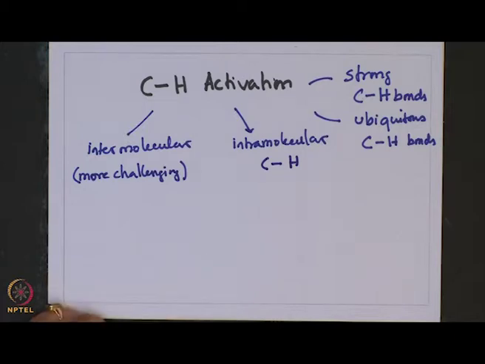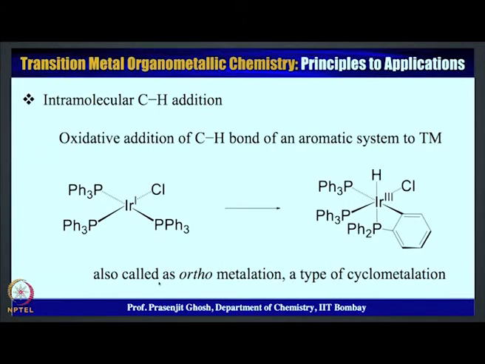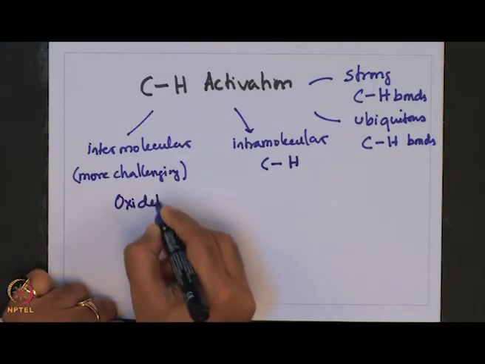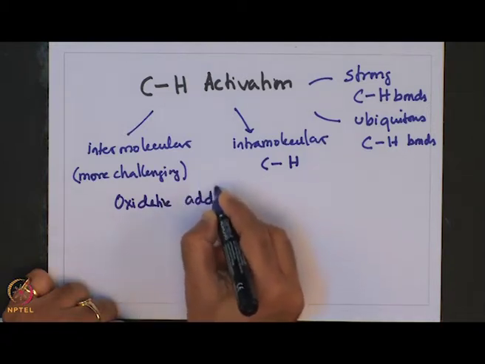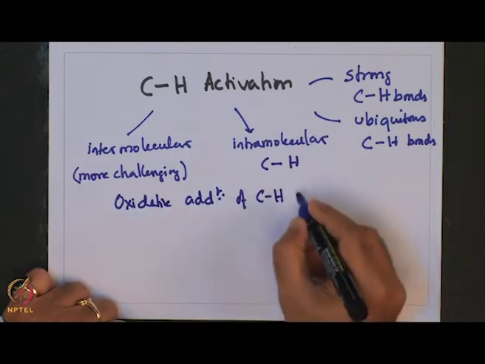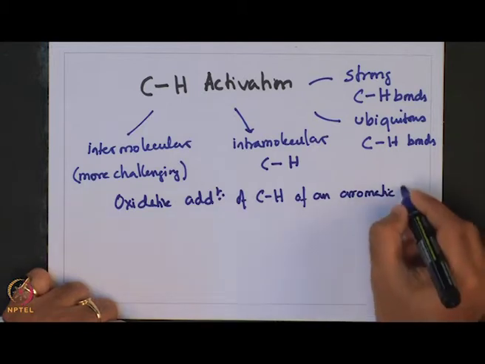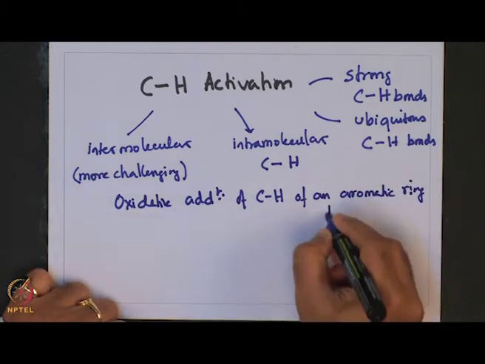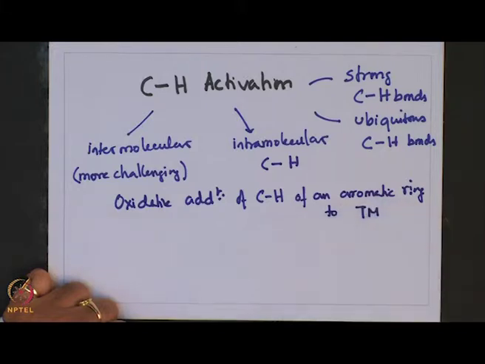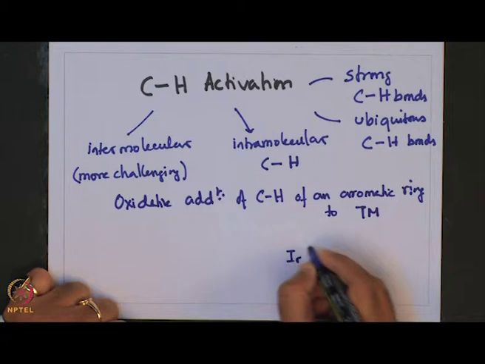One example that we looked at was the oxidative addition of a CH bond of an aromatic ring onto a transition metal. And that resulted in an iridium complex shown here.